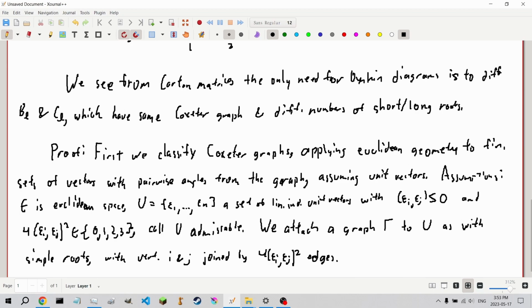Now we want all possible graphs of this sort.